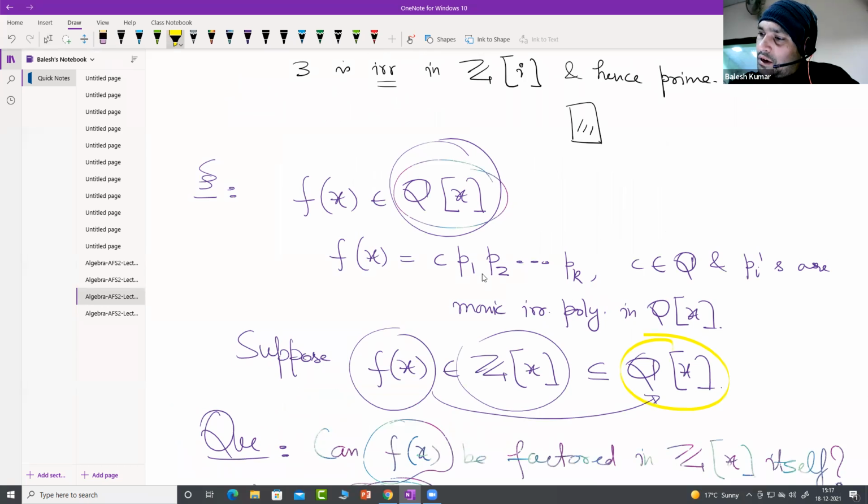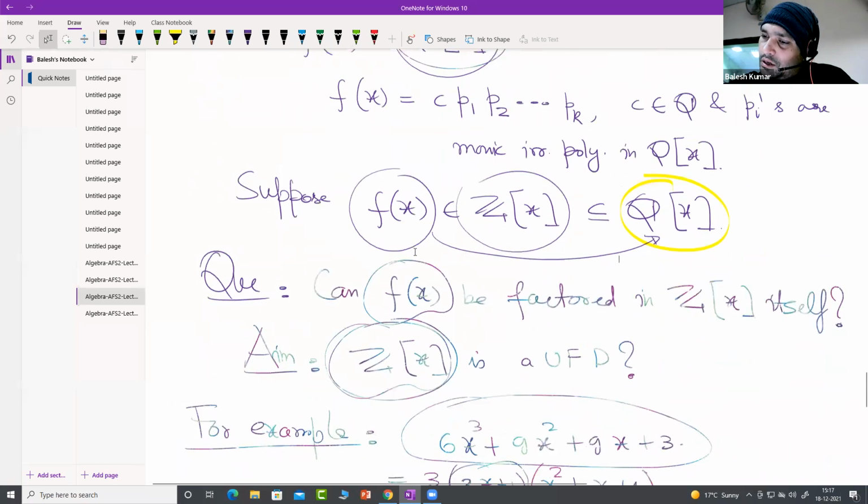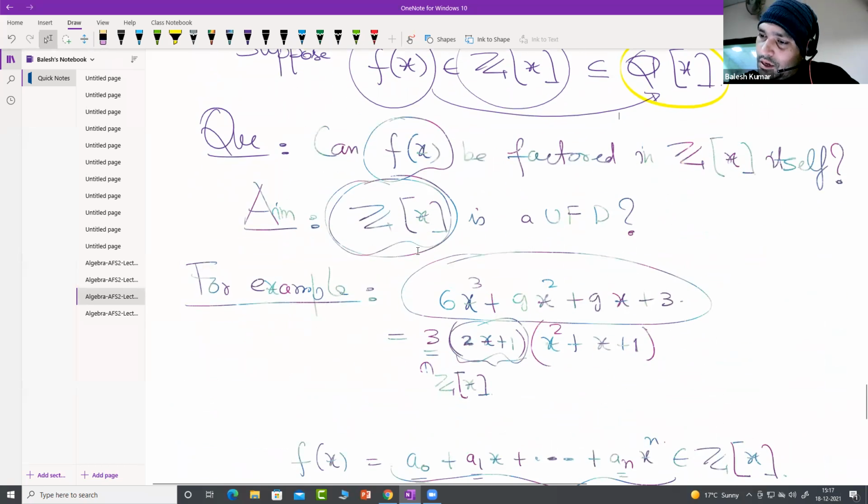Since Q of x is a unique factorization domain, you can always factor this polynomial over Q of x. But our aim is to find a unique factorization over Z of x itself, if f is a polynomial with integer coefficients.